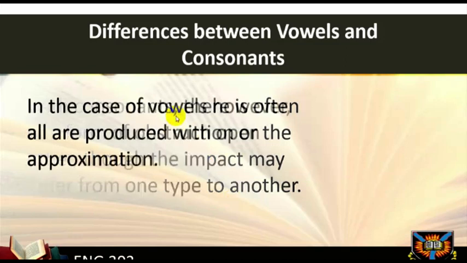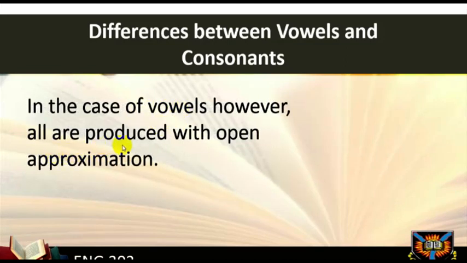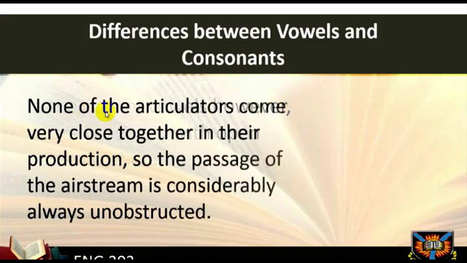In the case of vowels, however, all are produced with open approximation. None of the articulators come very close together in their production, so the passage of the air stream is always unobstructed. Hence, we shall start our discussion of the English consonant sounds now. We'll come back to vowels later.